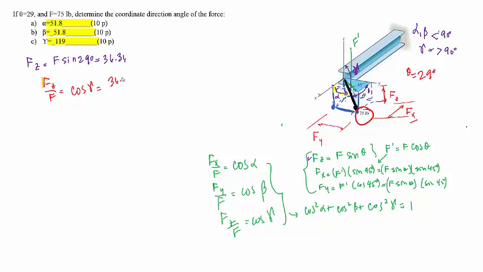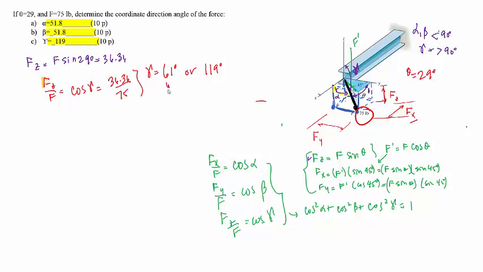That's 36.36 divided by 75. So in this case, gamma would be either 61 degrees or 119 degrees.